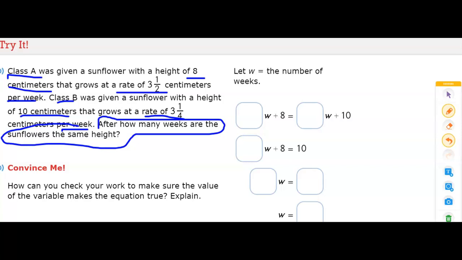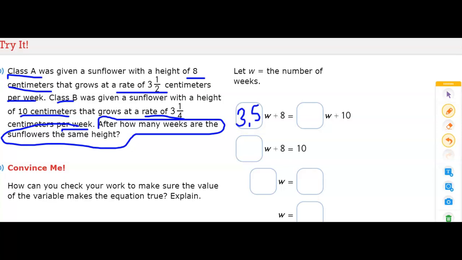So we start by filling in our equation that they provided for us. We don't know the number of weeks, so that's why we have the W. But we know the rate that they grow for, let's say, class A is 3.5 centimeters. So I'm going to write 3 1/2 as a decimal, 3.5.